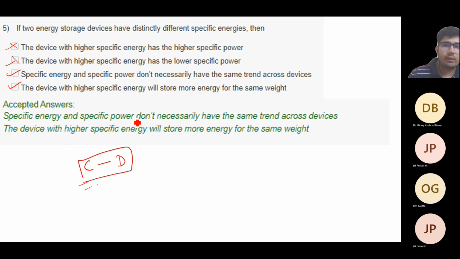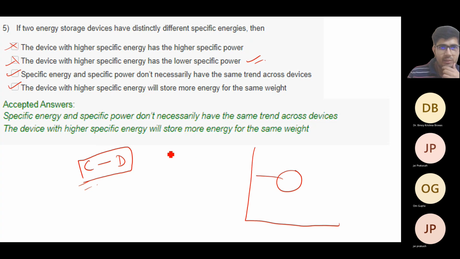No, actually, we cannot generalize the statement. We can just do comparison. Supercapacitors have moderate specific energy and moderate specific power. We are not talking about only batteries, because flywheel is also there. So we cannot generalize the statement.